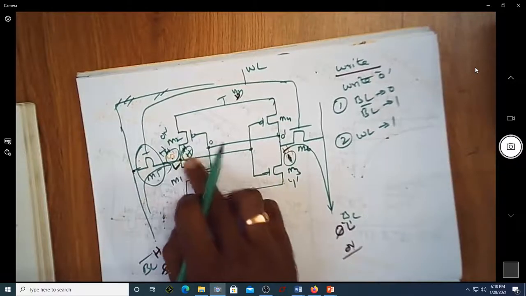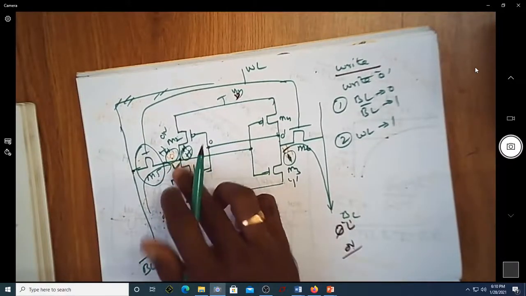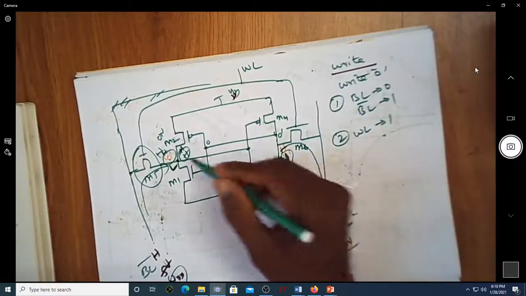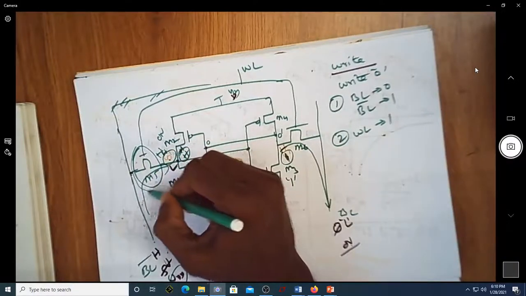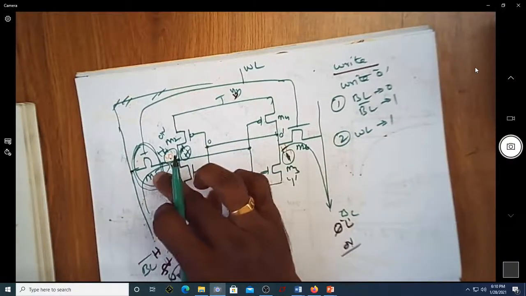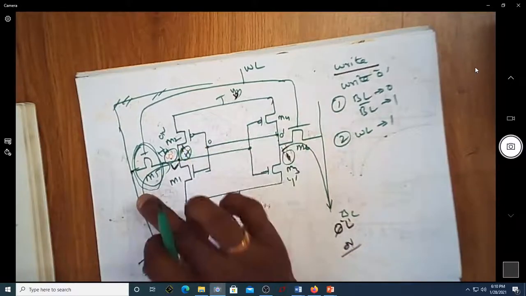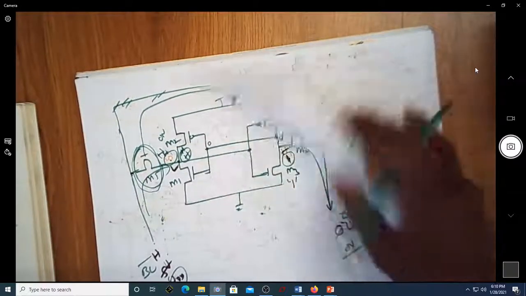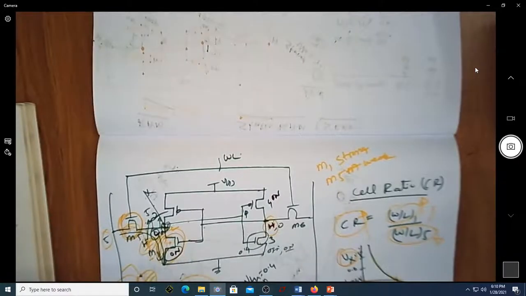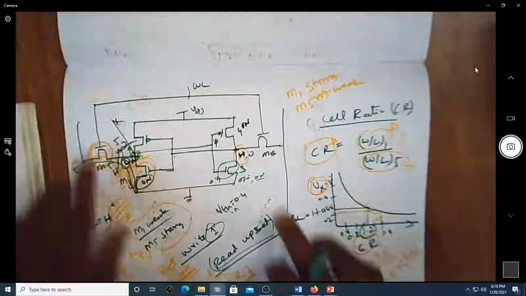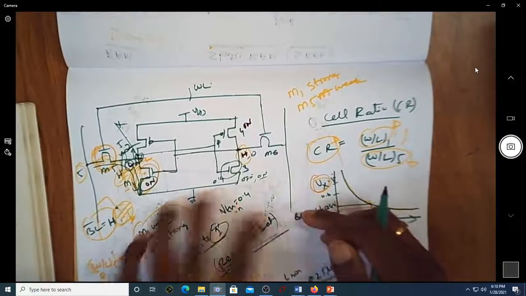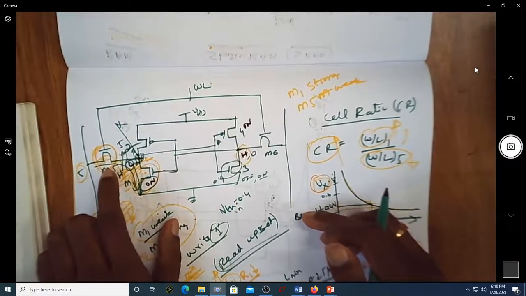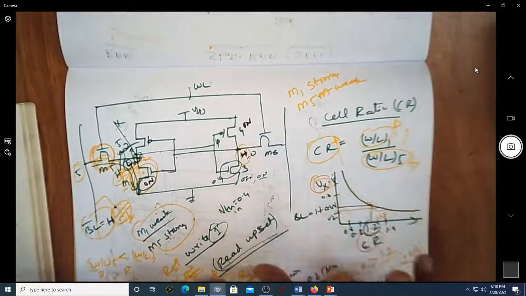This is not a possible option, because during the read operation we have assumed that we want the M5 transistor to be weak. During the read operation, we wanted this M5 transistor to be weaker so that I can read the proper values.